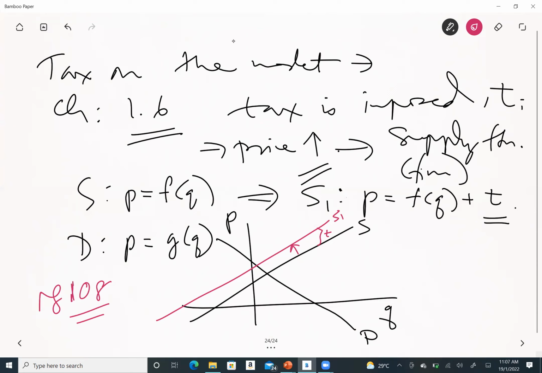So, an example. Suppose I have the supply P equal to 3Q plus 500.